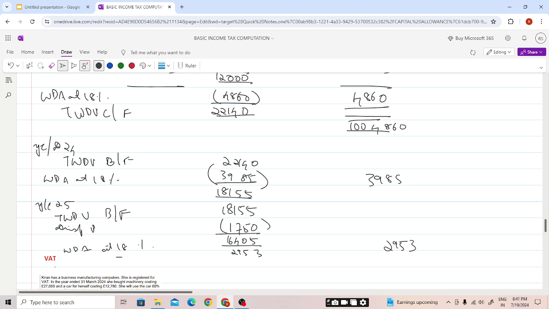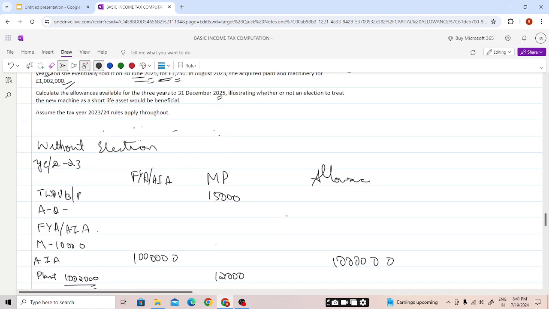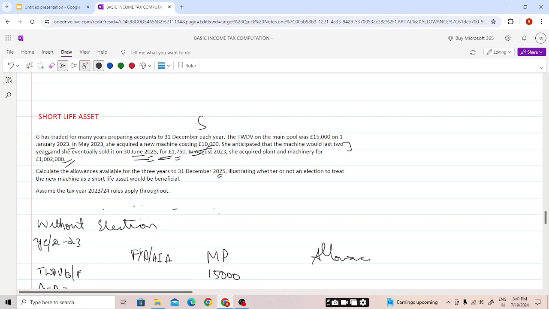This will give rise to the TWDV carried forward, that will be, students, 13,542, and this is the allowance for 25, 24 and 23. Now students, we have seen in our calculation that if we had claimed short life asset pool exemption, then a balancing allowance would have arisen.